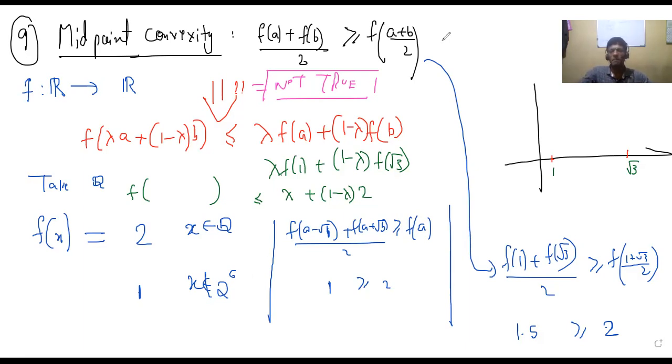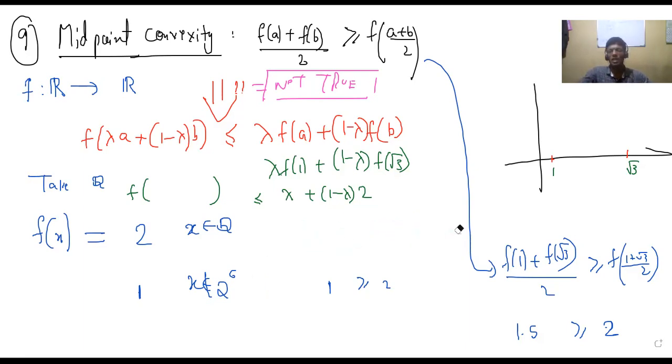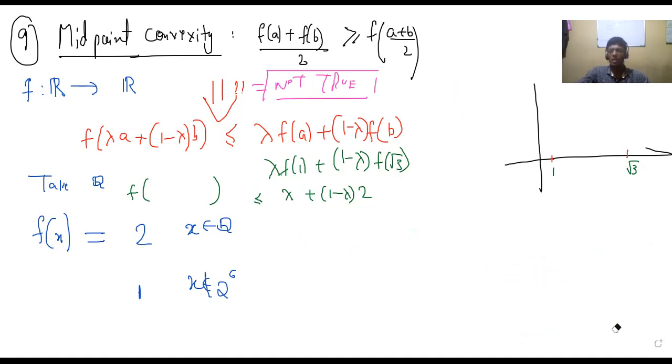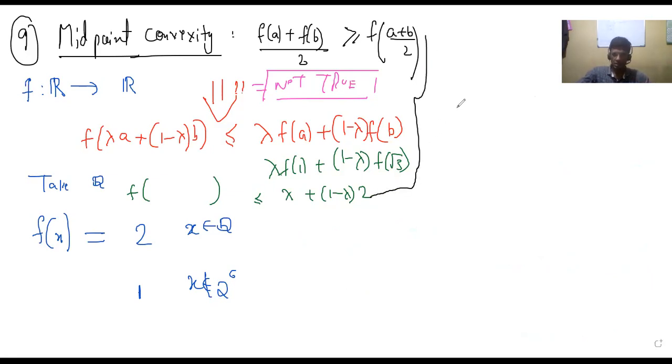But let's basically see how midpoint convexity comes. I'm thinking that we take a special set, because midpoint convexity kind of arises if you think about it.